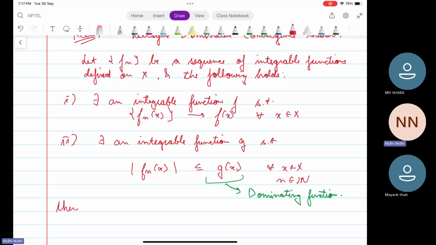Then limit n tending to infinity, integral over X, fn(x) dx, is equal to integral over X, f(x) dx.